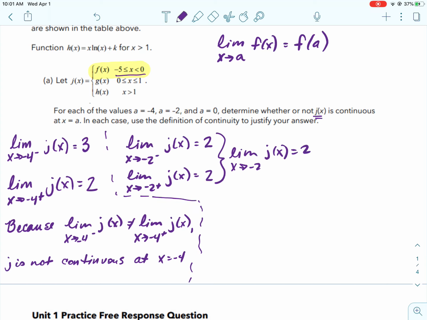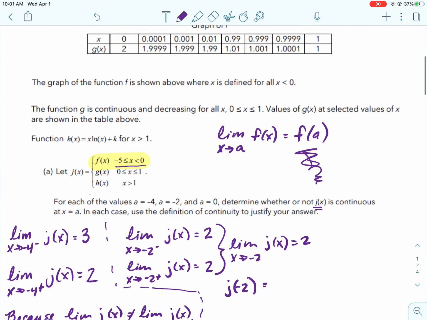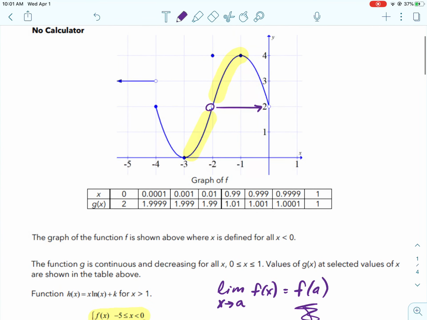But there's one more thing that we have to show. We have shown that the limit as x approaches -2 of J of x is 2, but we also need to show whether that is equal to J of -2. So when x is -2, we use the f function, which is the graph.